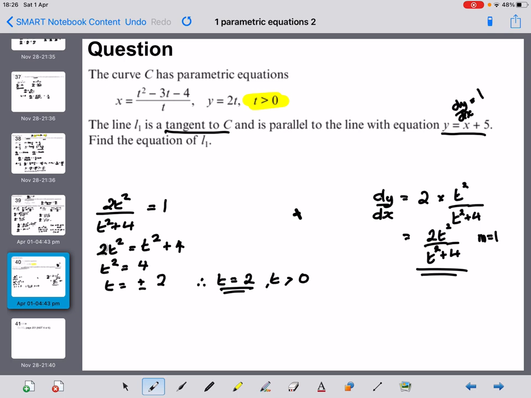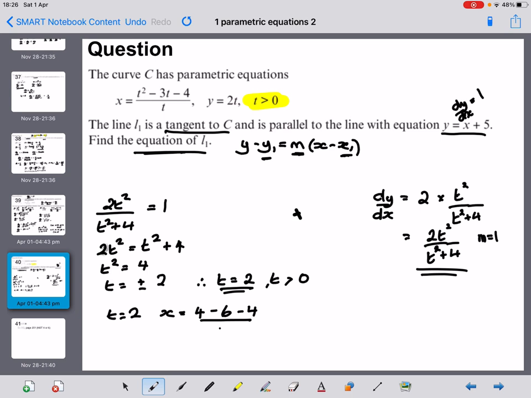Okay, in order to work out the equation of the tangent, y minus y1 equals m(x minus x1). We know m is 1. We know that's happening when t is 2. So we just need to know what the coordinates are when t is 2, and then we can substitute it into the line. So when t equals 2, x will equal 2 squared minus 3 times 2 minus 4 over 2.